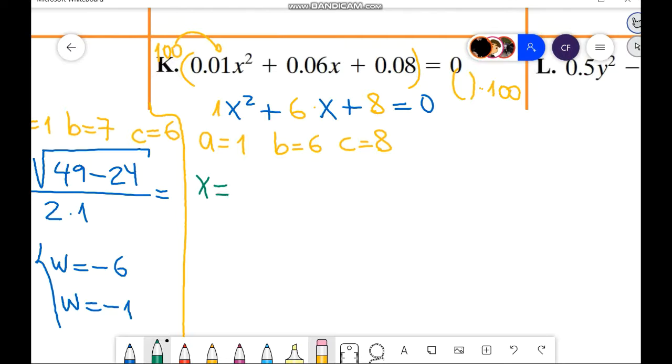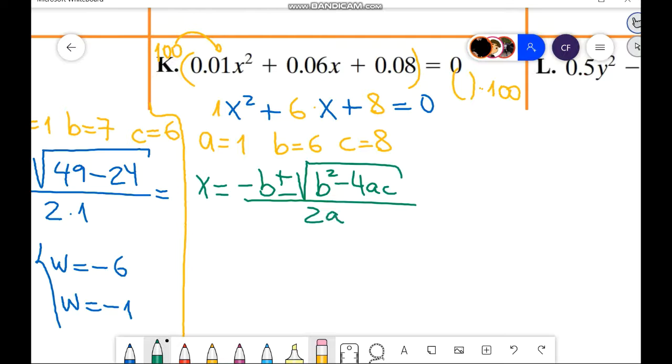Plugging into the formula, x equals negative b plus or minus square root of b squared minus 4ac over 2a. This is going to be plugging in the numbers.